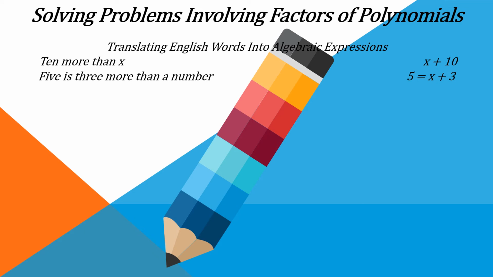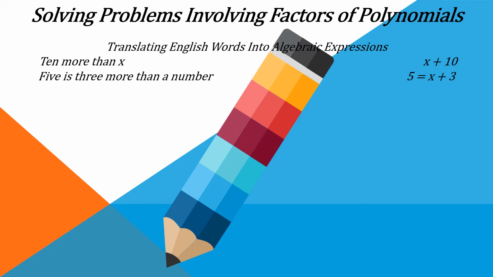This time, we have combined different operations in the terminologies that we use. So, translating English words into algebraic expressions this time involves two operations, and these are equal and addition.